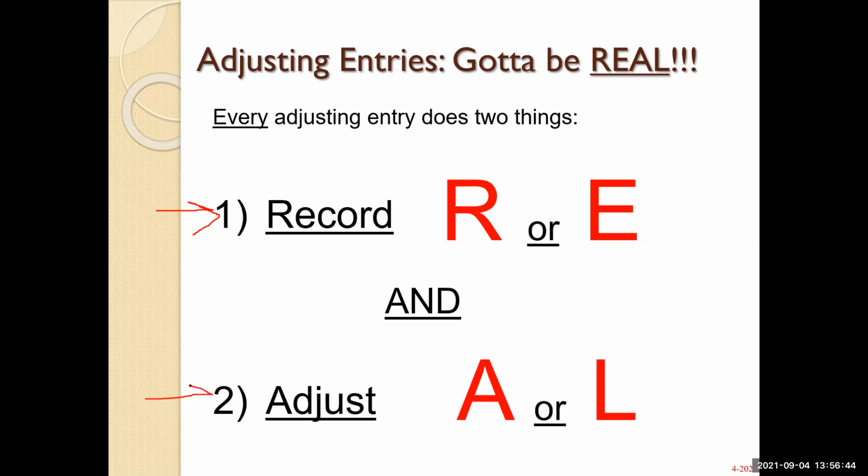And every adjusting entry will adjust an asset or a liability. And when I say adjust, I mean it's either going to increase the asset or liability or decrease the asset or liability. So bump it up or down. So every adjusting entry will have revenue or expense and asset or liability.